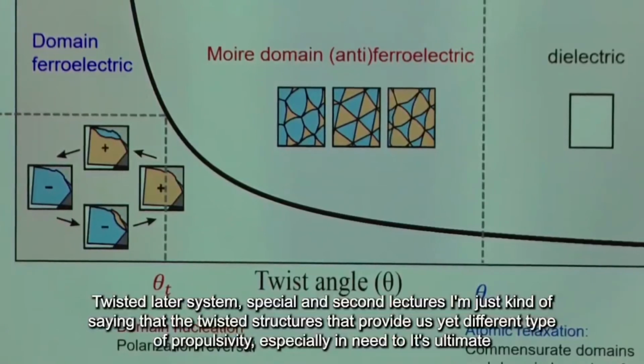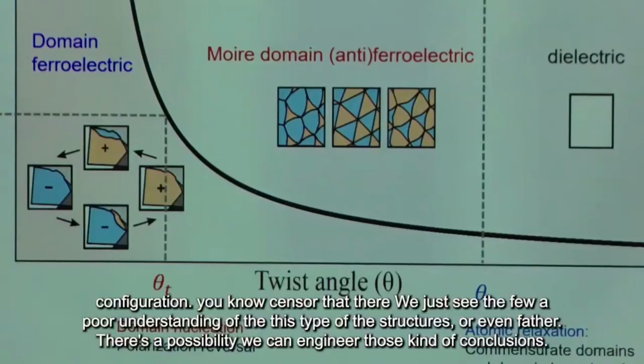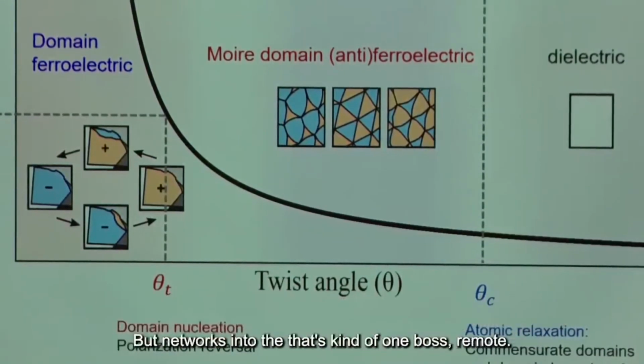There we see a few pieces of evidence that these topologies play an important role in experimental observables. But full understanding of these structures, or even further, the possibility that we can engineer those topological networks into this twisted Van der Waals system, still leaves a lot of things to explore. That's one last remark that I want to make. And thank you very much for your attention.